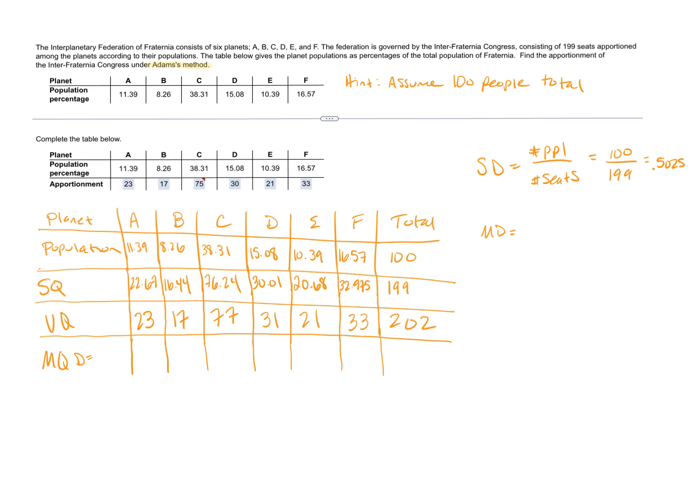I need to make it bigger by that much for each seat that I'm off. I'm off by 3 seats, so I'm going to change it by a little bit more. 0.0025 times 3 seats off plus 0.5025, so I'm going to try 0.51.